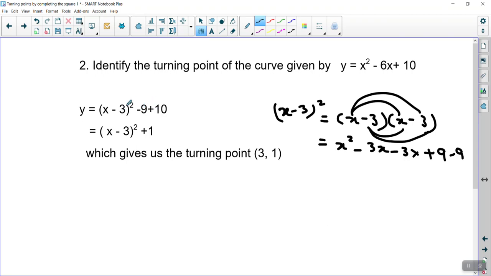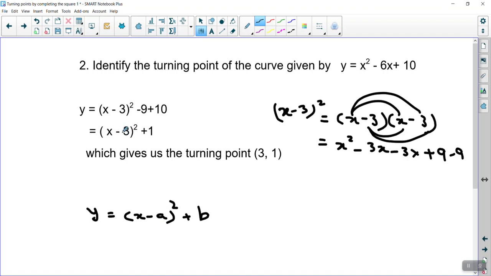So this is now 3 squared, 9, so just negative 9, and the 10, which was already there, plus 10. So x minus 3 whole squared minus 9 plus 10, which gives us the plus 1, and that gives us the turning point 3, 1, because it was already negative 3. Do you remember the format was y equal to x minus a whole squared plus b.